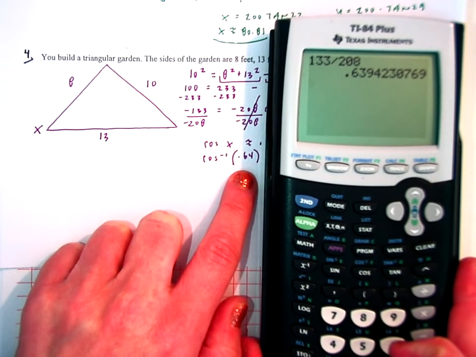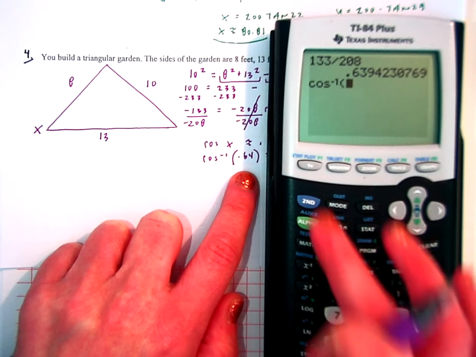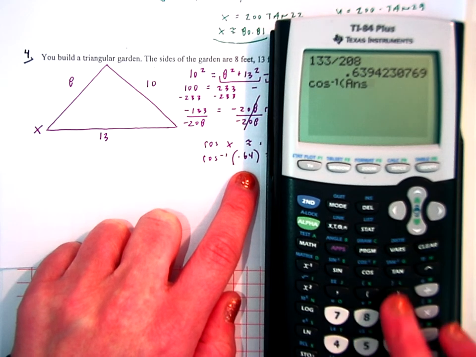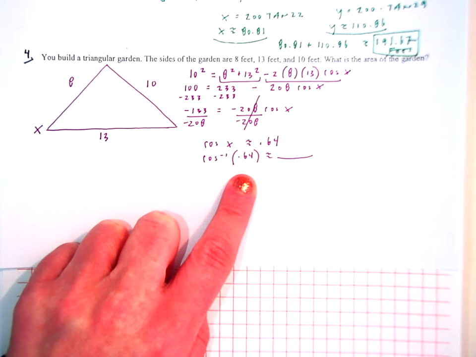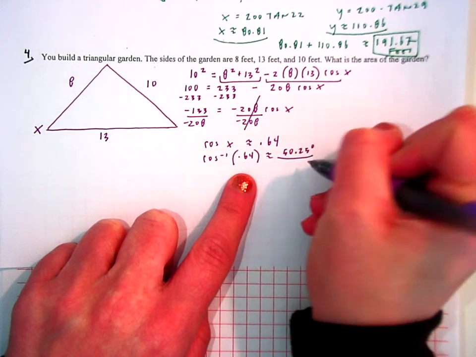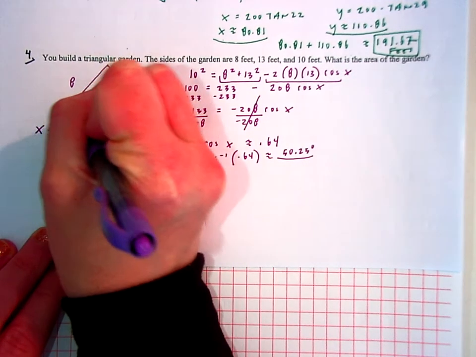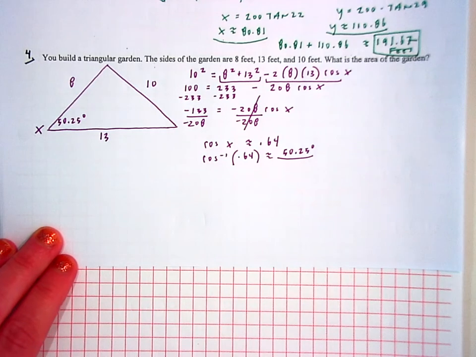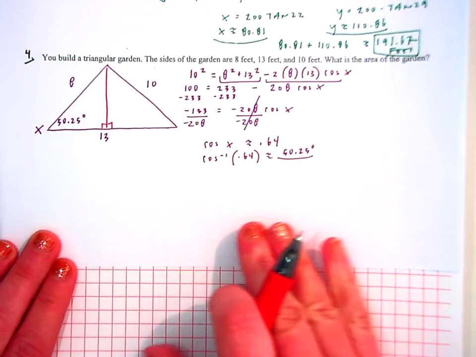So I see what that ratio looks like precisely. So I can say inverse of cosine along with that ratio, and that gets me a more precise answer of 50.25. Again, building off a rounded answer, not a problem. So right here, that's 50.25 degrees.